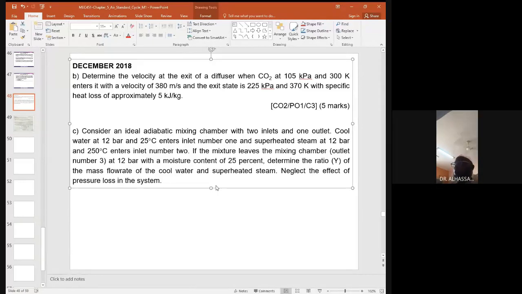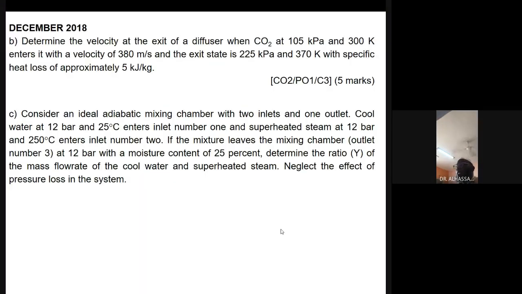Yes, so in this question, we have a question on control volume systems, one on a mixing chamber and the other one on a diffuser.